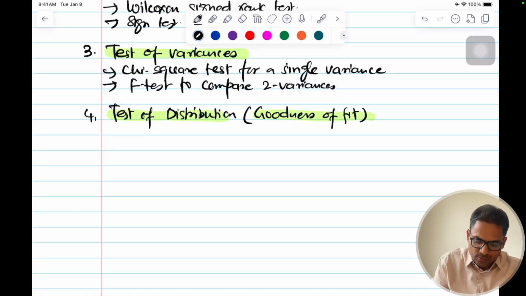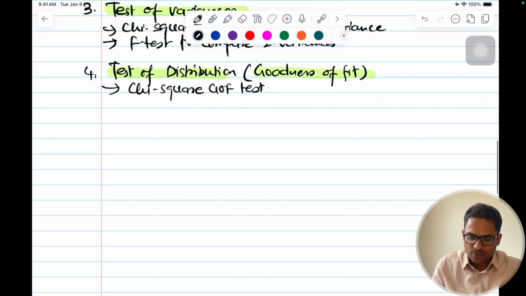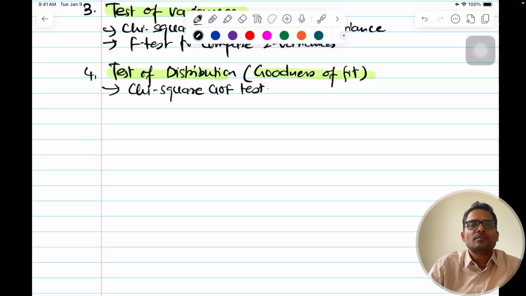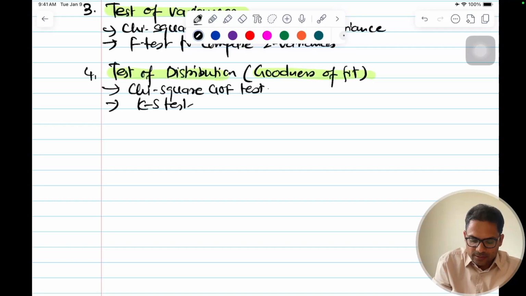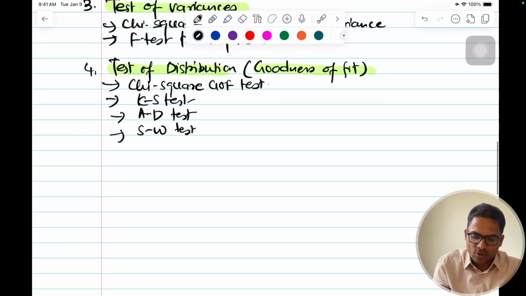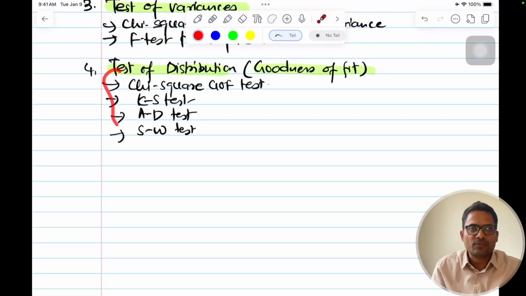So we'll discuss the chi-square goodness of fit test. Goodness of fit is generally written as GOF. Okay, goodness of fit test, and then we have the Kolmogorov-Smirnov test, KS test. Then we have the Anderson-Darling test. Then we have the Shapiro-Wilk test. There are a lot of them. These are common goodness of fit tests.